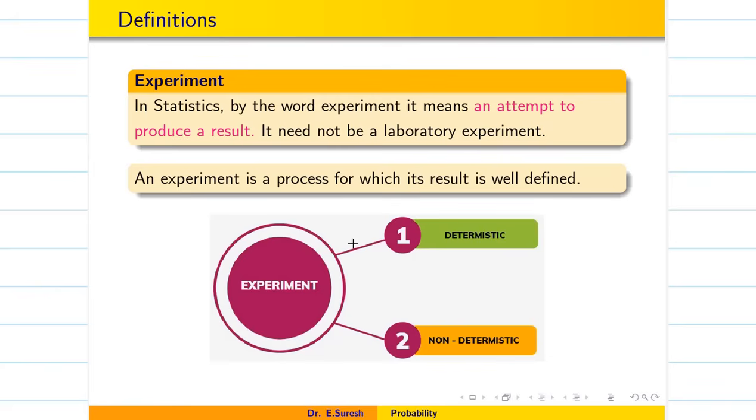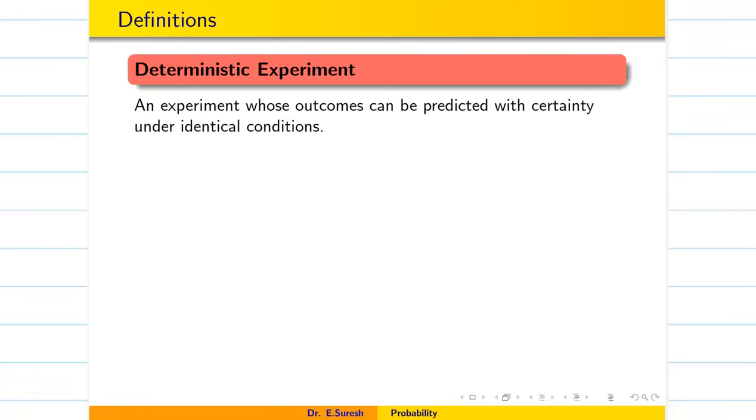Here experiment is classified into two types. One is deterministic, the second one is non-deterministic. Let us see what is meant by deterministic as well as non-deterministic. If an experiment is deterministic, I know the outcome 100%. The outcome can be predicted under identical conditions.